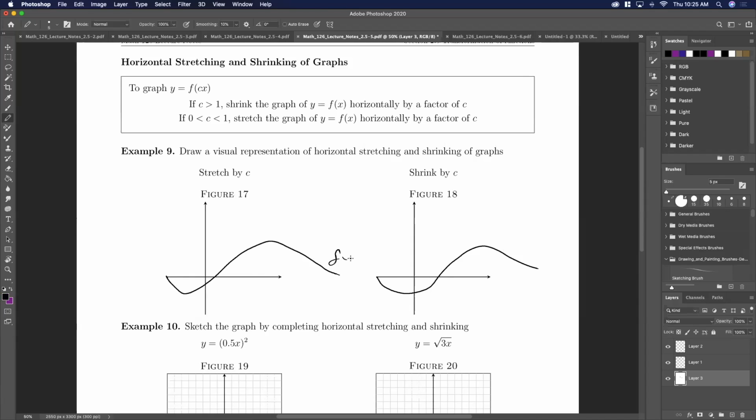All right, so here I'll have my f of x. I'll swap this out. I'm going to stretch it by c. That means c is between 0 and 1. And so here, let's see if I can draw this very carefully. At 0 it's still going to be the same point because c of 0 is still 0. But it's just going to take me longer to perform the same sort of thing.